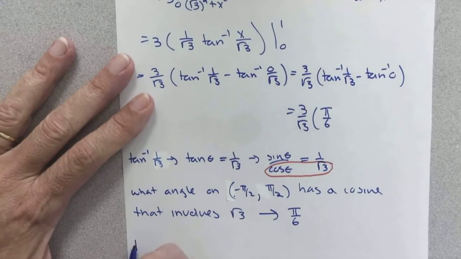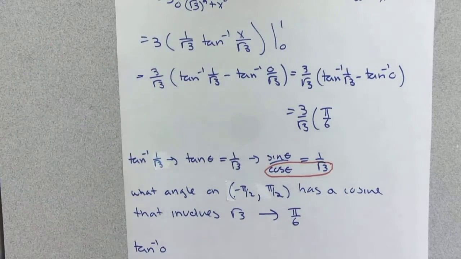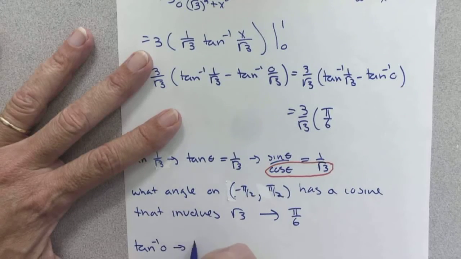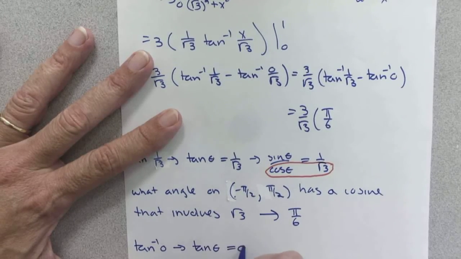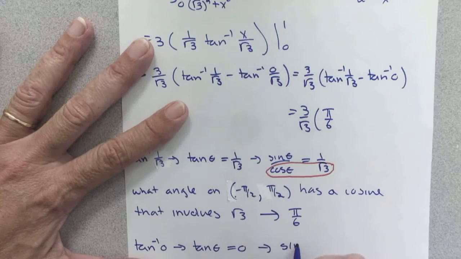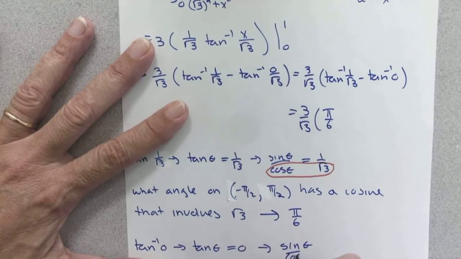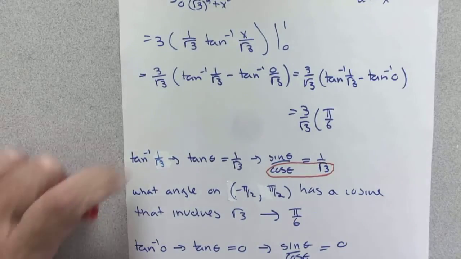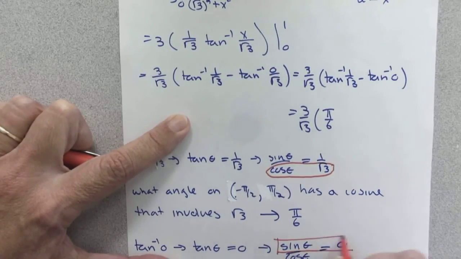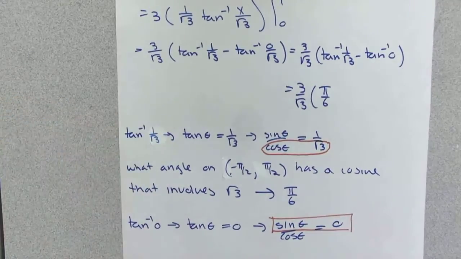And then doing the same thing with the tangent inverse of 0. Now, some of you may really know your tangent values very, very well. And if you know your tangent values very, very well, you're not doing this. But tan inverse of 0 means tangent of theta equals 0, which means sine theta over cosine theta equals 0. And a fraction is only 0 when its numerator is 0.